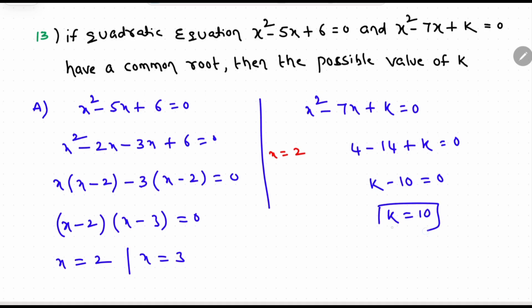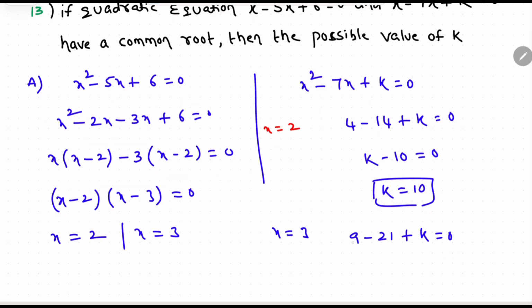Similarly, if I take x value as 3, x² is 9, minus 7 times 3 is 21, plus k equals 0. Therefore 9 minus 21 is minus 12, plus k equals 0, so k value will be 12. So the possible values of k are either 10 or 12.